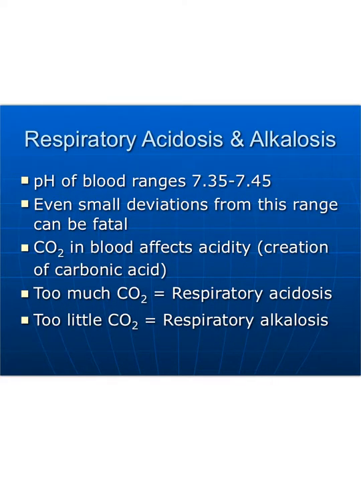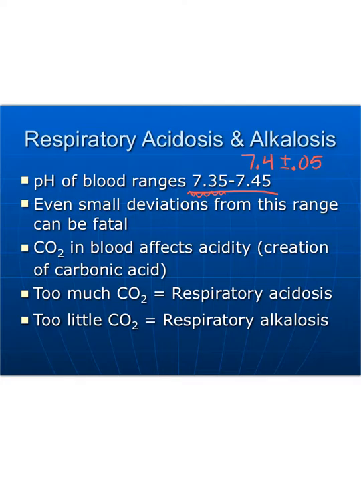So we want to keep the pH of our blood between 7.35 and 7.45. That is the homeostatic range. Or you could see it like this, 7.4 plus or minus 0.05. Same thing. So if you go more acidic than 7.35 or more basic than 7.45, it can be fatal. Notice, though, that the overall pH of this is slightly basic or alkaline.